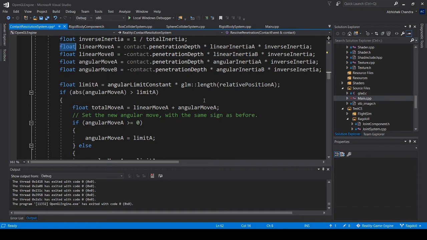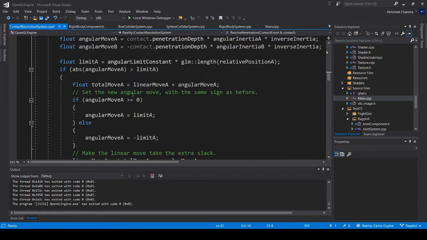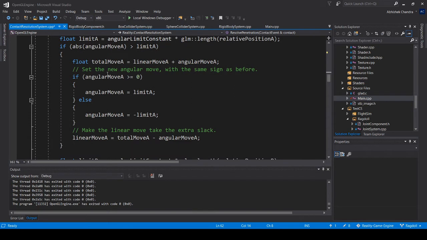This is especially a problem if two objects are penetrating a lot, because then turning one to resolve a penetration will most definitely cause some other corner of the object to cause a new penetration. So we definitely don't want that. So we just limit the angular movement in case it goes over whatever limit we have set, and then compensate for it by adding it to the linear movement.